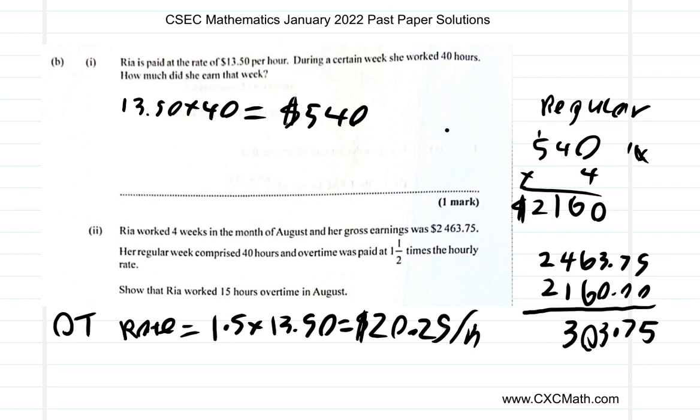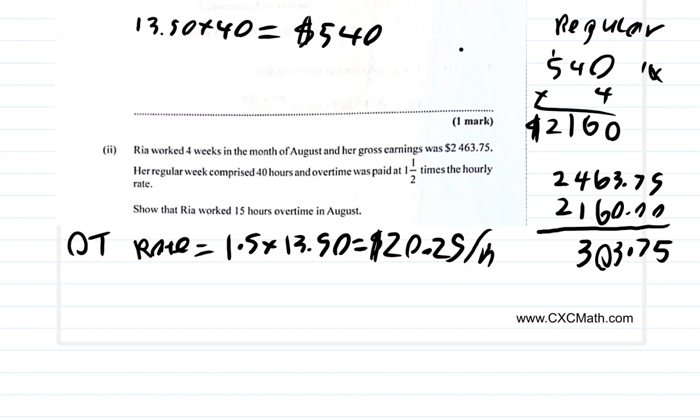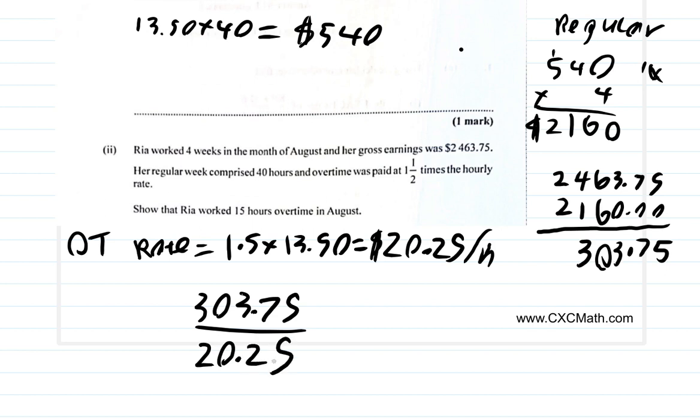Now, how many hours is in this money? Alright, the hours, I mean. How many hours? So, $303.75 divided by 20.25. Alright, so you're finding how many hours. She gets 20.25 every hour.